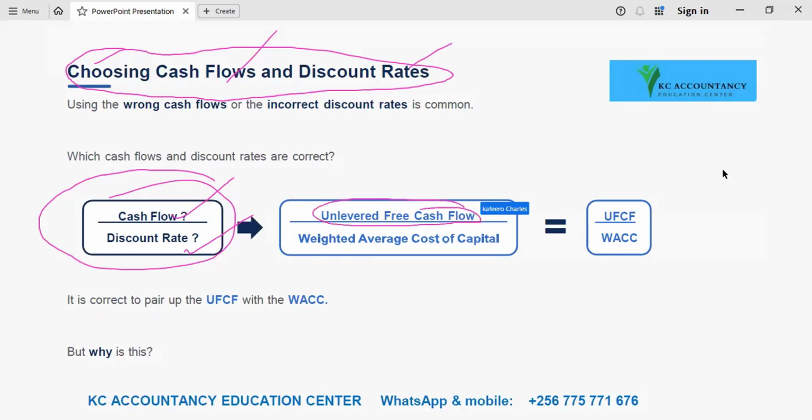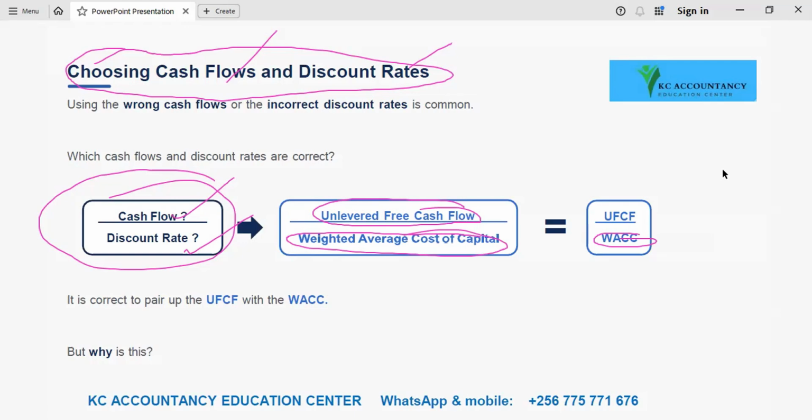We shorten it to UFCF, and we shall discount those cash flows back at the weighted average cost of capital. That's what we call the WACC, as you have seen in this diagram here.